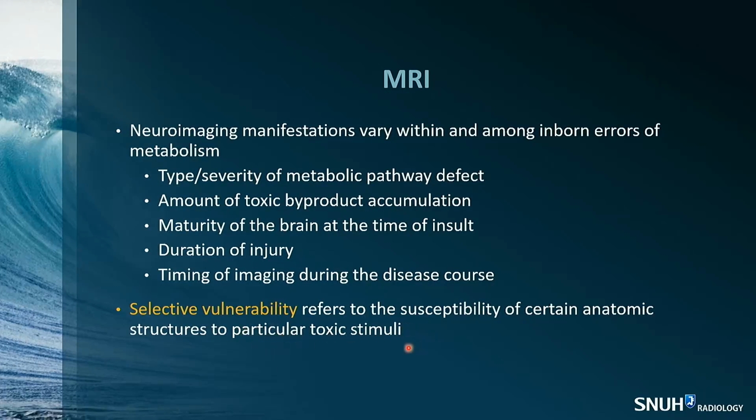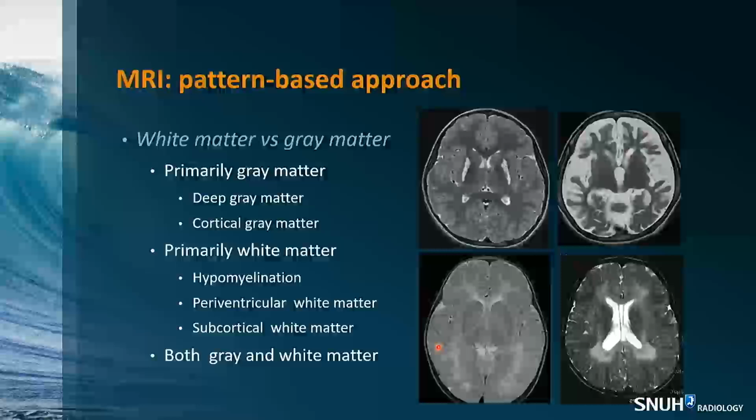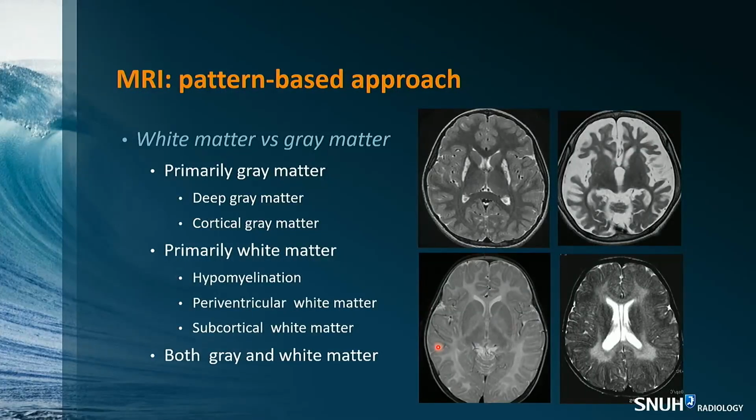Additionally, certain anatomic structures are selectively vulnerable to energy failure and toxic substrate. Therefore, it is useful to interpret MR imaging according to some patterns of characteristic brain involvement.